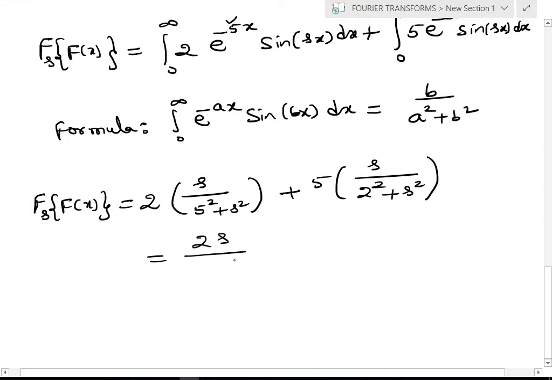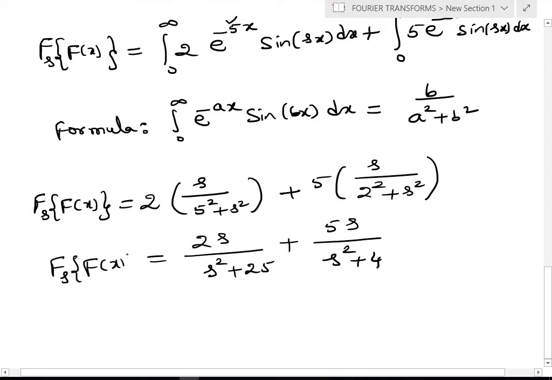So 2s divided by s square plus 25, plus 5s divided by s square plus 4. You can stop here. This is the Fourier sine transformation of the function f of x.